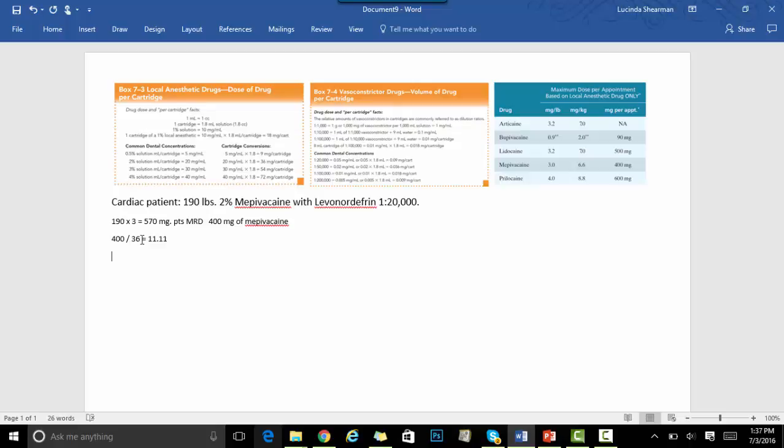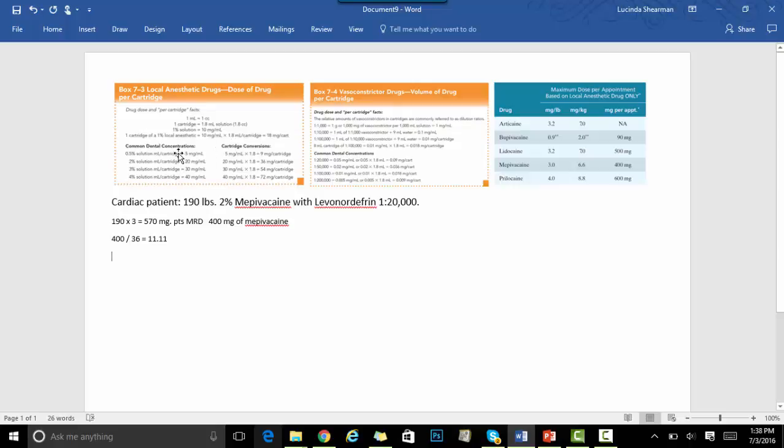But calculate for the vasoconstrictor. If mepivacaine is 1 to 20,000, we see here each carpule has 0.09 milligrams of vasoconstrictor in it. And we know that the cardiac limit for levonordefrin is 0.2 milligrams.